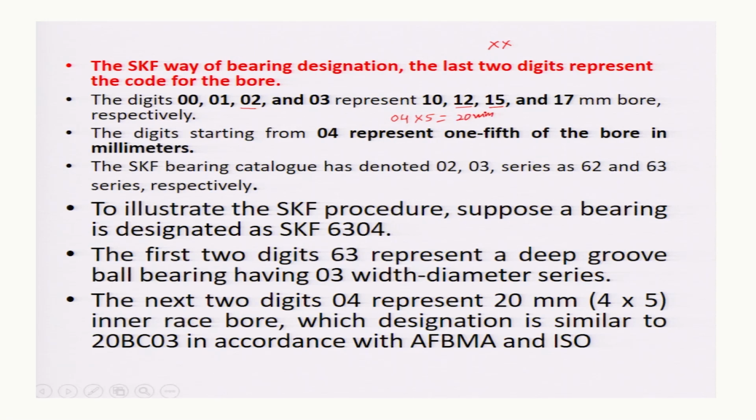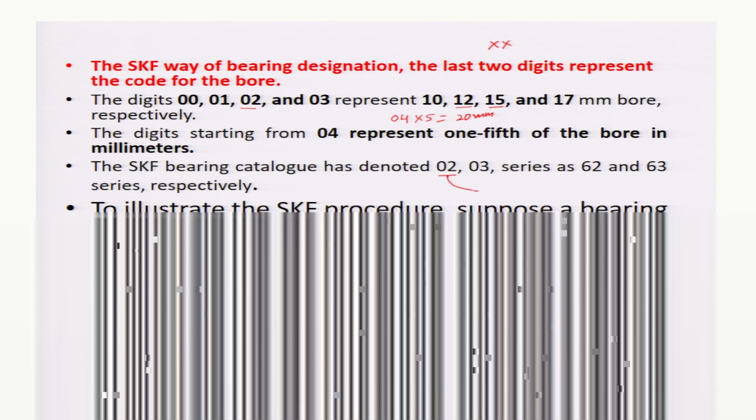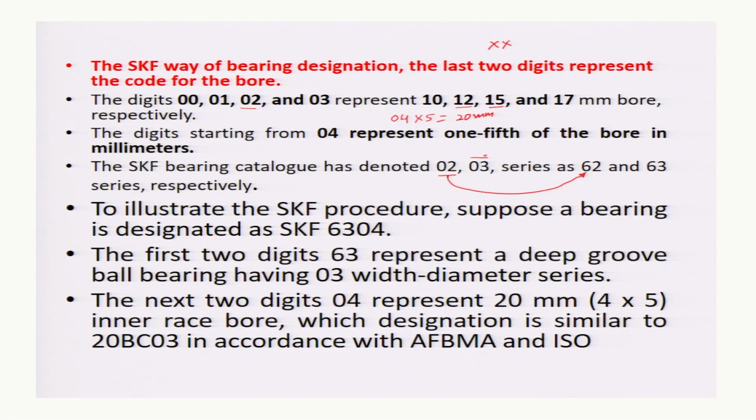The SKF bearing catalog has denoted the 0203 series this way: if the width series is 0 and diameter series is 2, then in the SKF designation, if 03 is written in the Anti-Friction Bearing Manufacturers Association, SKF writes it as 63, and 6 is for deep groove ball bearing.